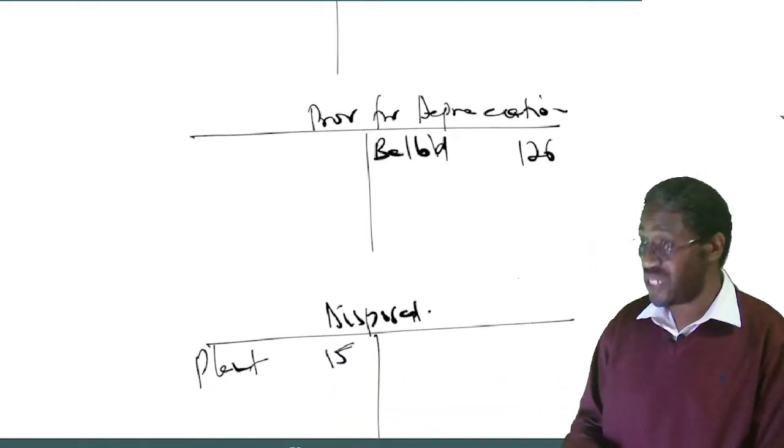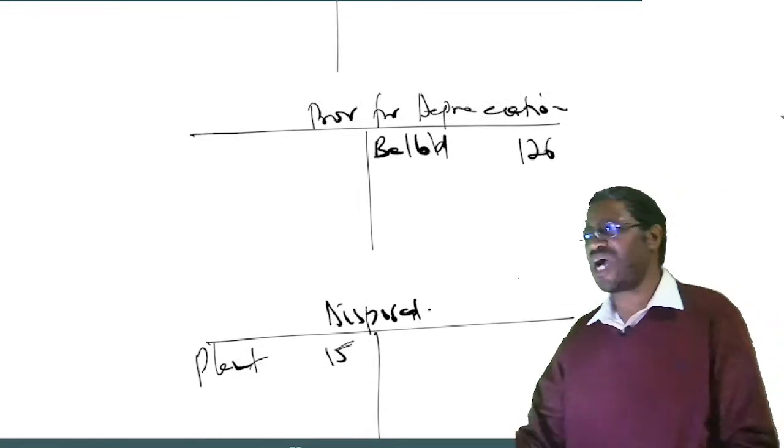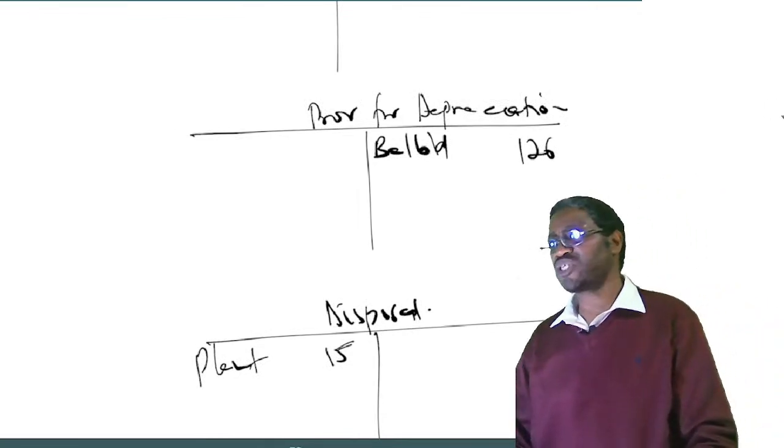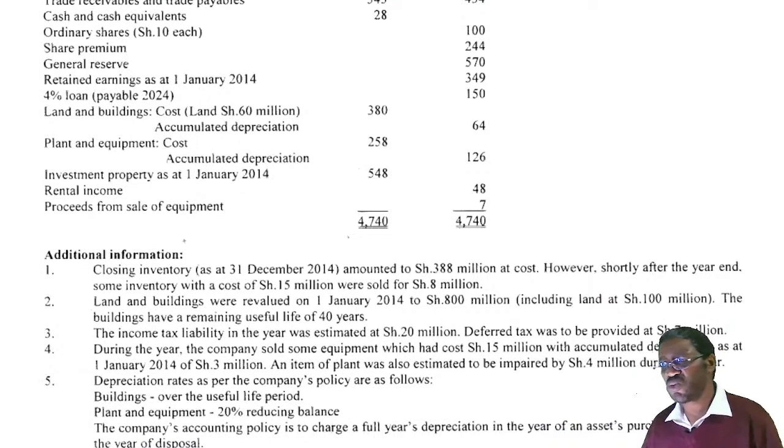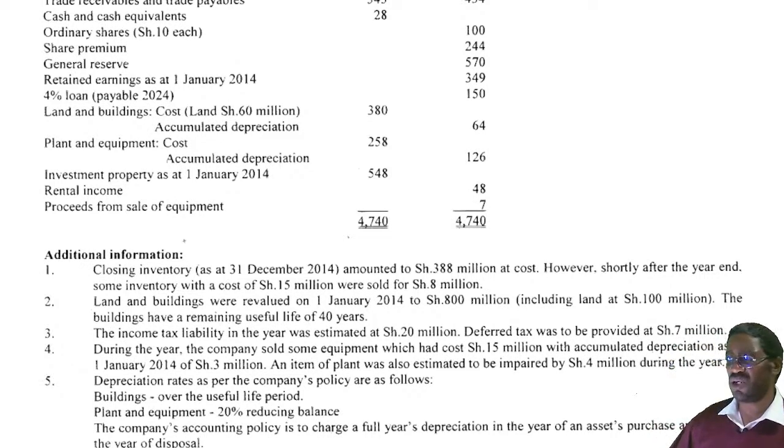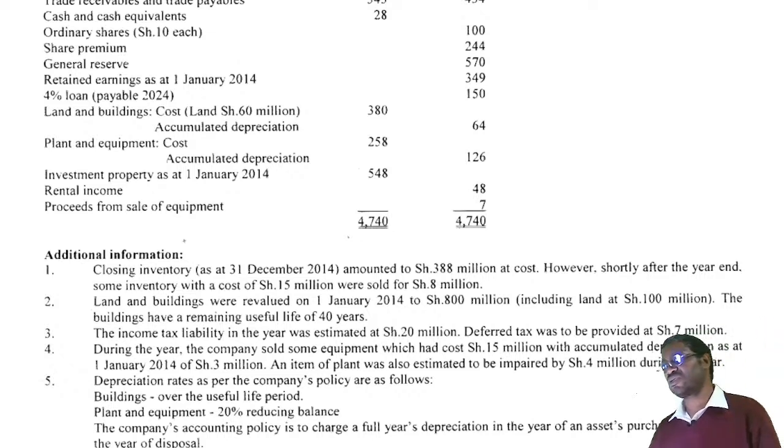We have been depreciating it. So what is this accumulated depreciation? As per the question, we were told it was how much? Note number 4 said that equipment had a cost of 15 million with an accumulated depreciation as at 1st of January 2014 of 3 million. Good.